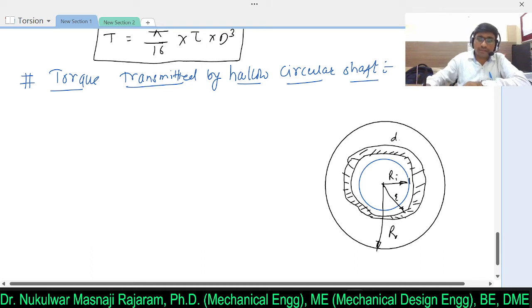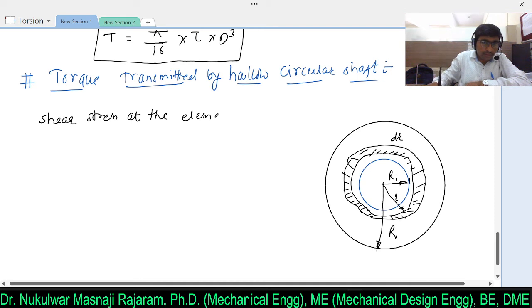Clear? So let's say thickness is dr. Simple. Now same procedure we will follow. That is shear stress at the elementary ring. Clear?